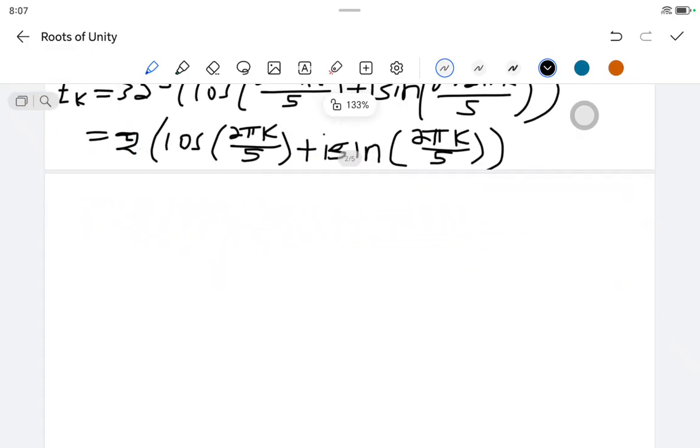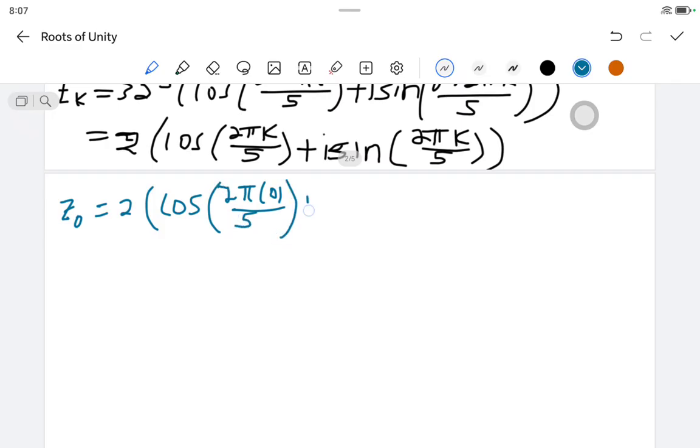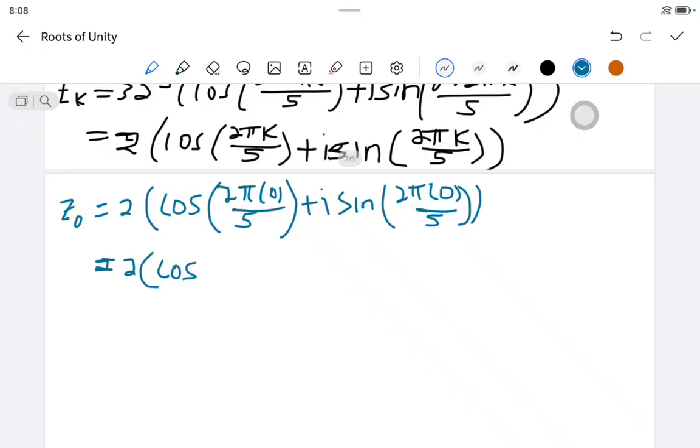Now we are going to check our k, Z of k one by one. So we say Z of 0 is equal to 2 cos of 2 pi 0 over 5 plus I sine of 2 pi 0 over 5, and this is equal to 2 cos of 0 plus I sine of 0.